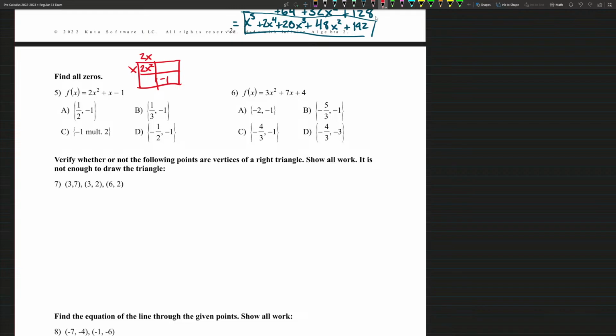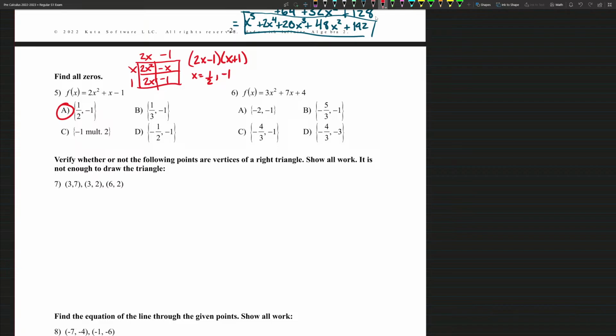So let's do 1 here and -1 here. So -x and 2x. Those add up to positive x. So 2x minus 1 times x plus 1. Those are factors. So x equals 1/2 and -1. So A is our answer.